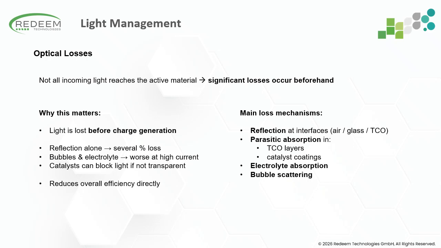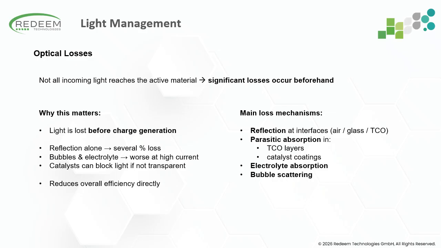The main optical loss mechanisms can be grouped into 4 categories. First, reflection at interfaces such as air, glass, and TCO layers. Second, parasitic absorption, where light is absorbed by components like the TCO, the catalyst coatings, or anything else instead of the semiconductor. Third, absorption within the electrolyte itself, which becomes particularly relevant for strongly absorbing electrolytes or long optical path lengths.